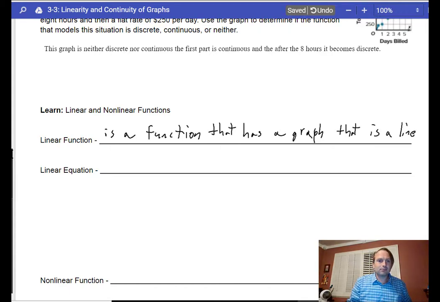Okay, well, linear, line. It has line in there. Now, a linear equation is used to describe said linear function.